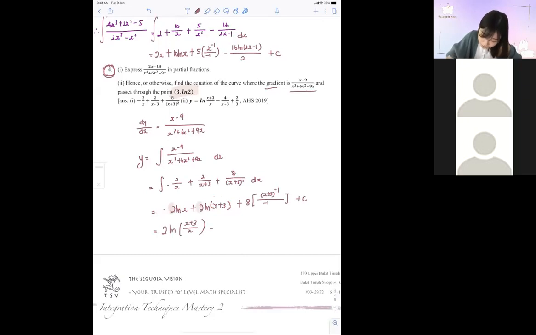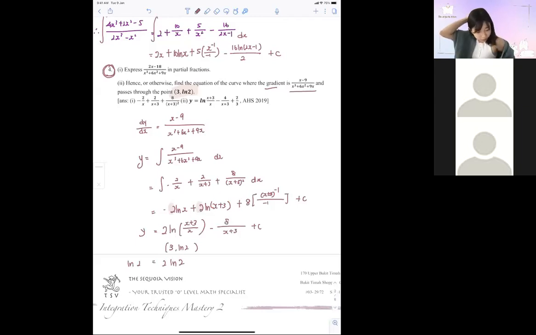Minus 8 over x plus 3. Now that it is in the simplest form, then I sub in. 2 ln 2 minus 8 over 6 plus c.